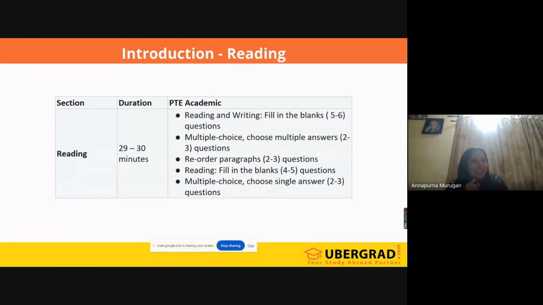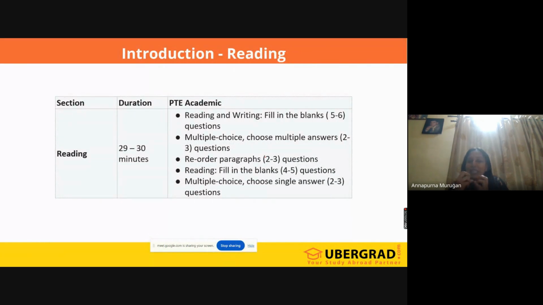Because of lengthy passages, many questions and the time limit. All these things make this section difficult. But here the best part is that we won't have very lengthy passages.